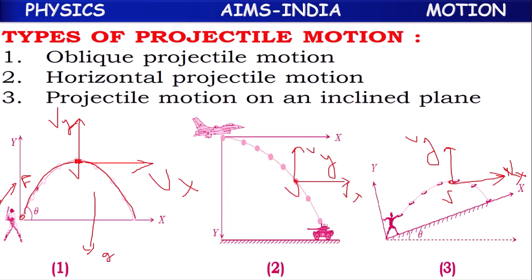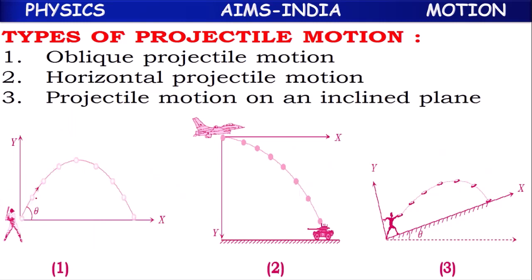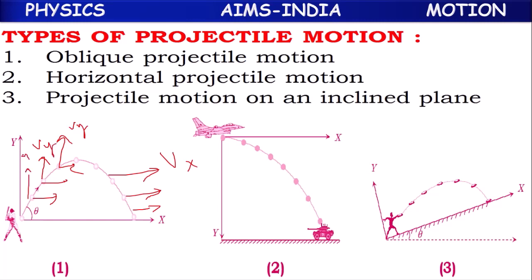It is pulled down by gravity vertically downwards, but in the horizontal direction no force acts. So throughout its journey, at any point, the horizontal component of velocity will always be the same, but the vertical component of the velocity will keep changing due to g.